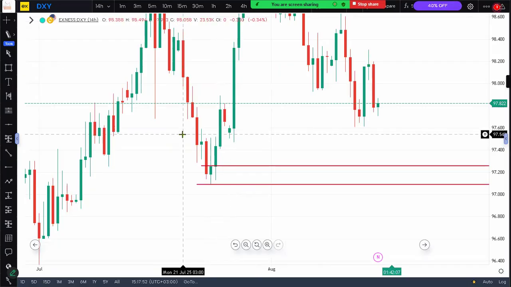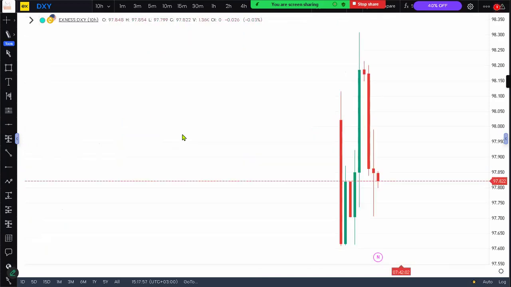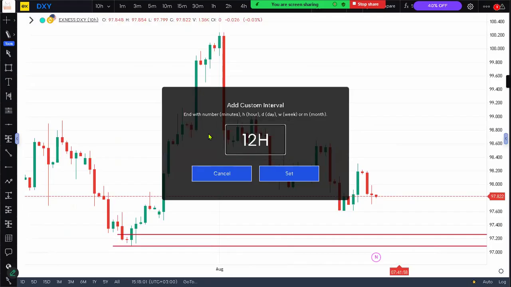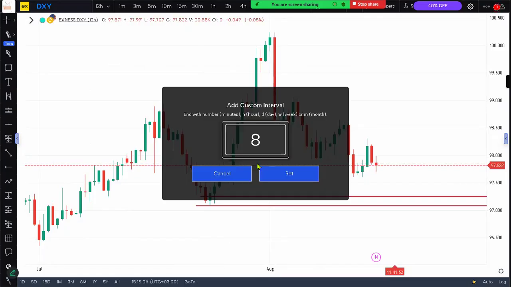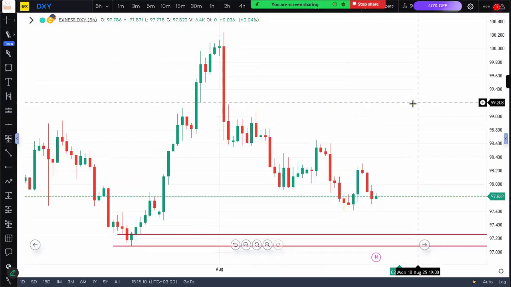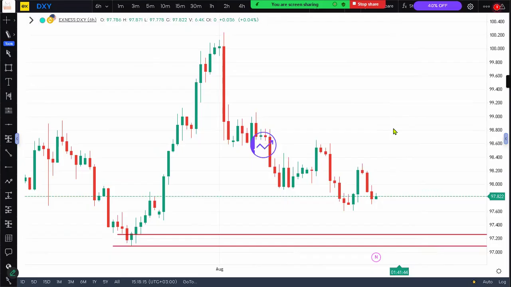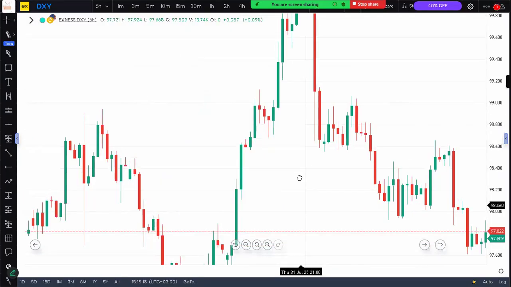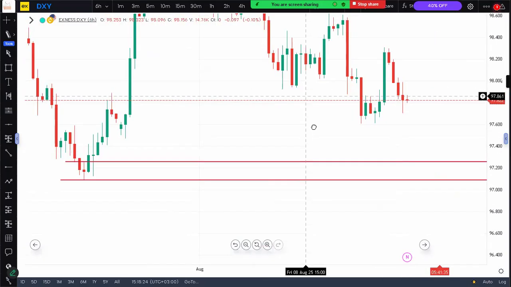So go to 10. 10 and 12, there's no big difference, because the 12 also can give us a zone, but 12 hours has not changed anything. 8 hours, there's nothing. 6 hours, and the 6 hours is still a base looking good, as you can see. And this way we want the dollar going all the way down there.